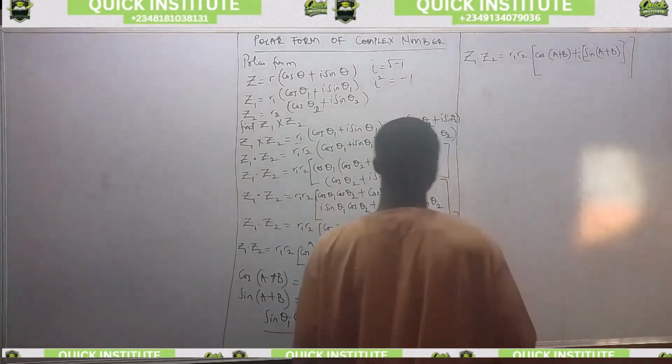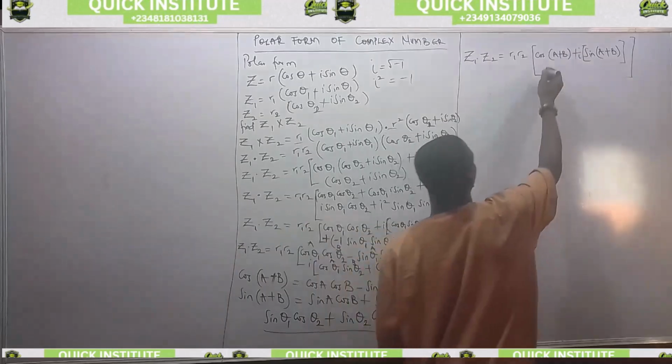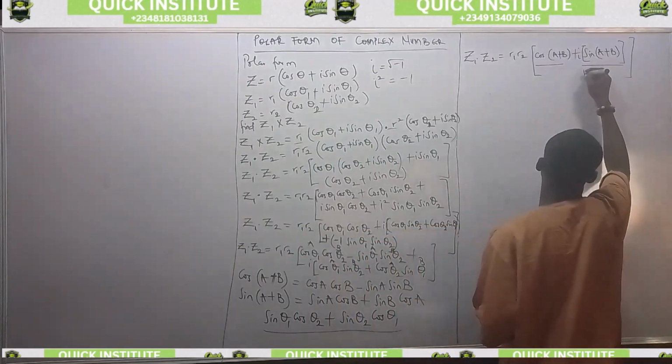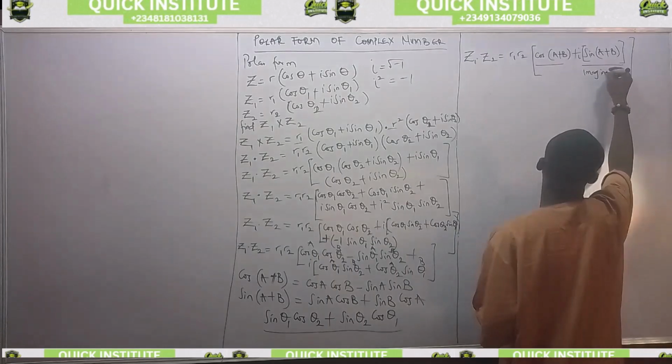In a complex number, this is the real part and this is our imaginary part.